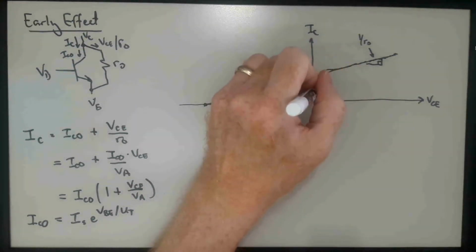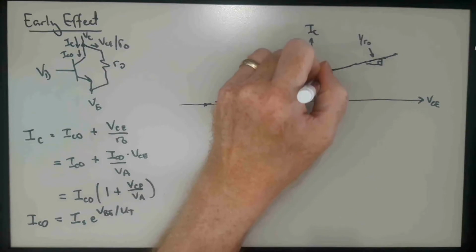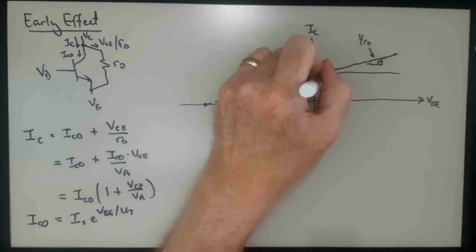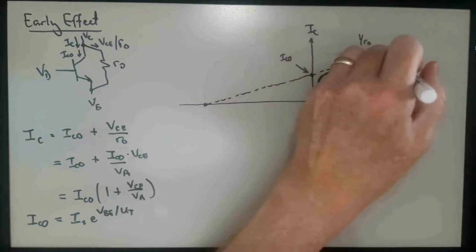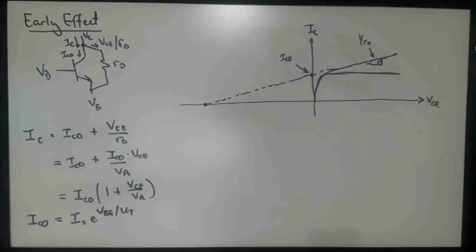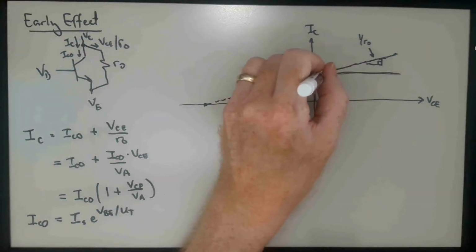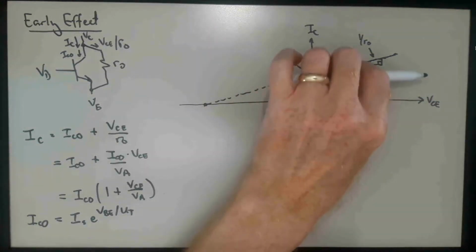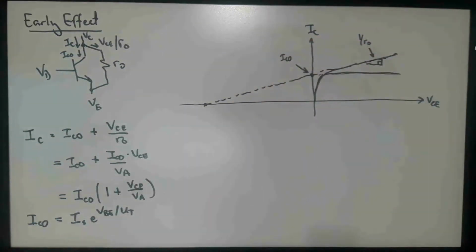So if we imagined having a transistor that's ideal, operating with this VBE, it would have a collector characteristic picked out from the family, and that would be the ICO value. When we add in that extra current due to the early effect, that raises the slope of this characteristic by some amount.